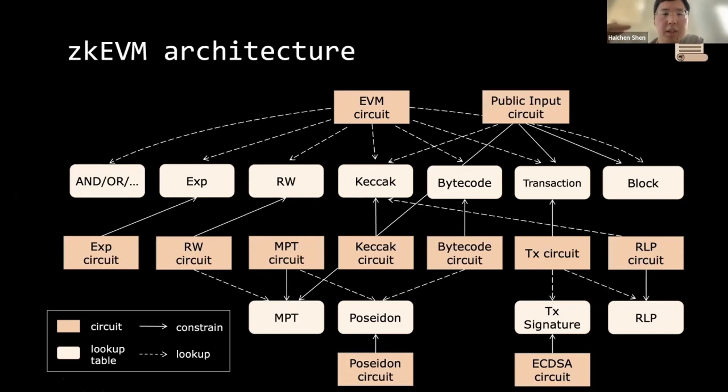We did some mock testing on larger blocks, and we found the EVM circuit is the most constrained circuit. The second could be the Keccak circuit and then the ECDSA circuit, which have more constraints associated with them. So these are currently the most constrained circuits.